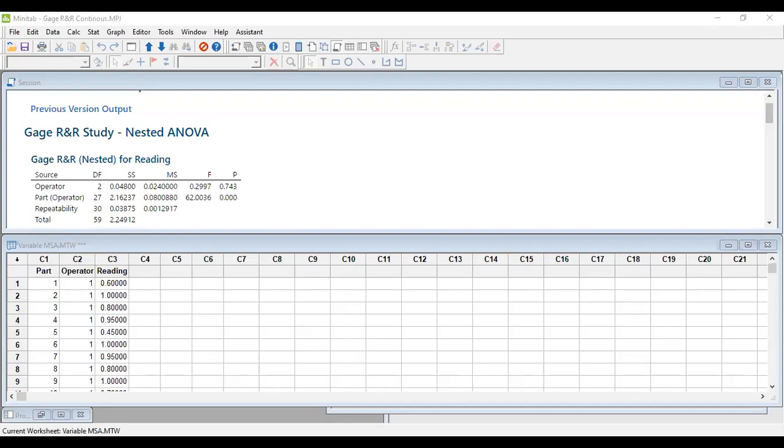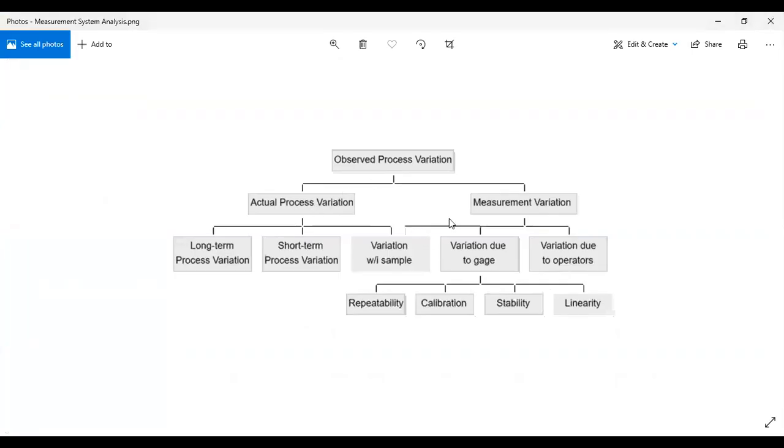Okay, so the main objective of doing this test is to have consistency, to identify whether it's the measurement tool or equipment that you're using that is off, or it's the actual operator, the human, and minimize the measurement variation as much as possible.